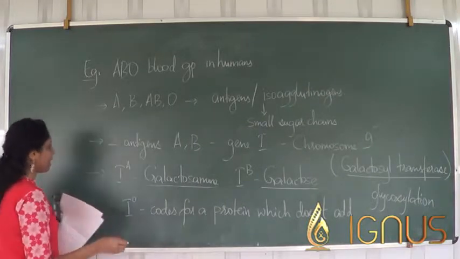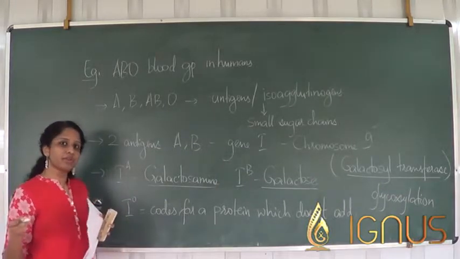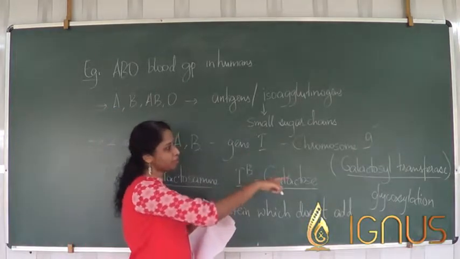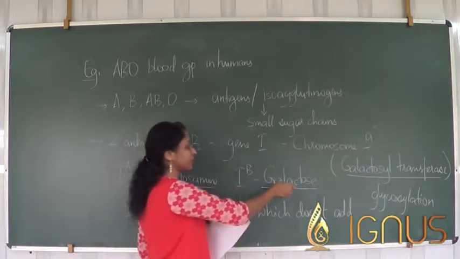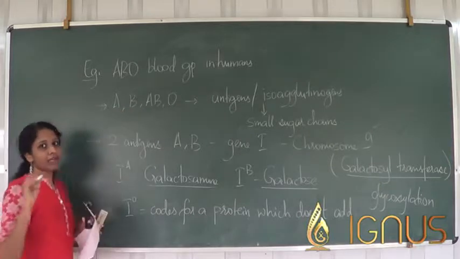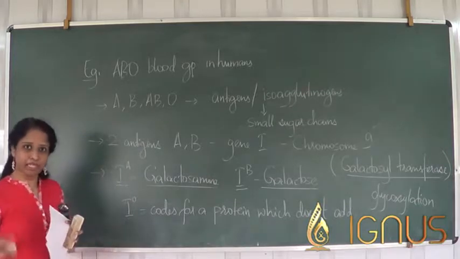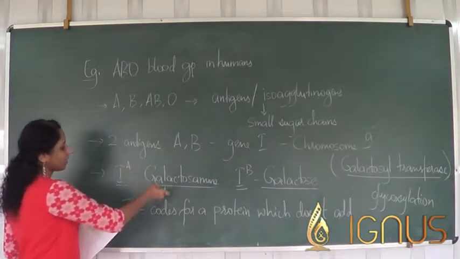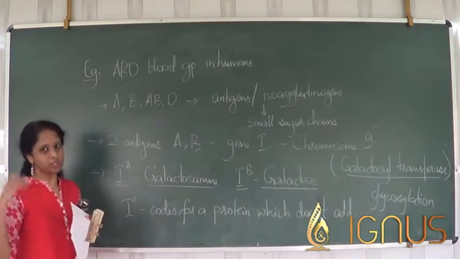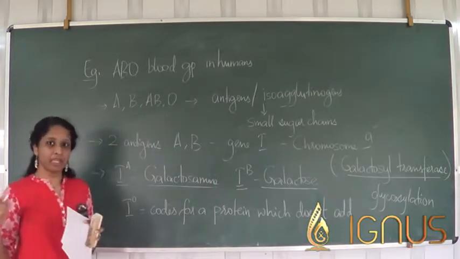Now, if you have IA, then it is going to transfer galactosamine, and that person is going to have the blood group A. If it is IB, it is going to be a galactosyl transferase which is going to transfer galactose, and that person is going to have the blood group B. Now, if both the genes IA and IB are getting expressed in a person, then both galactosamine and galactose are getting transferred onto the proteins on the surface of the RBC, and therefore that person is going to have the blood group AB.